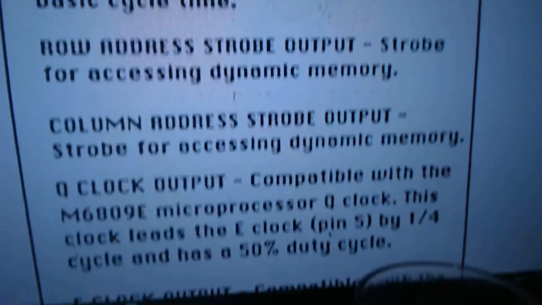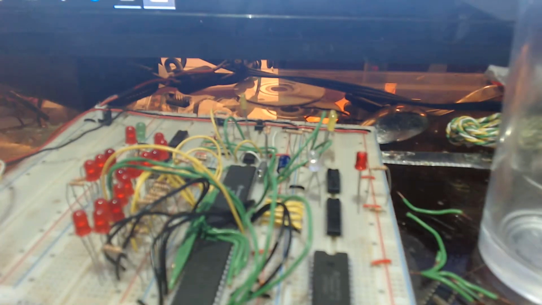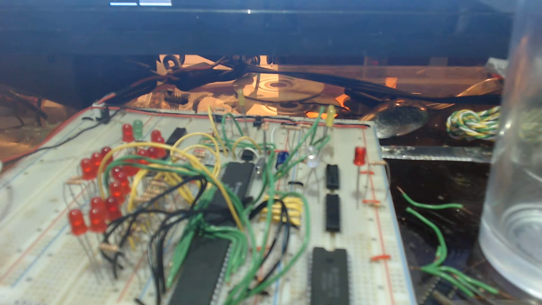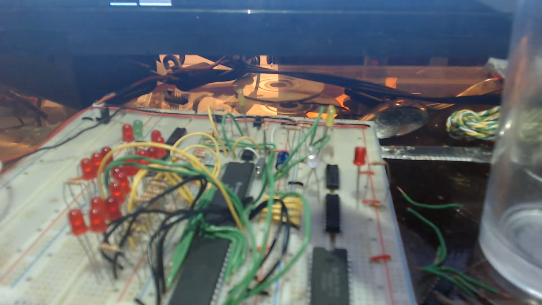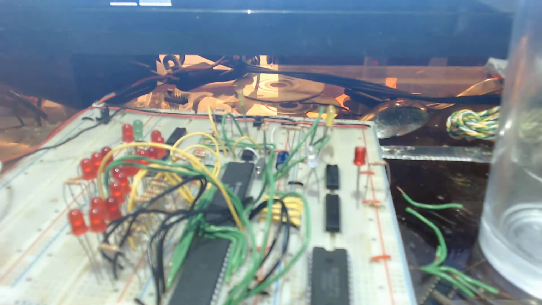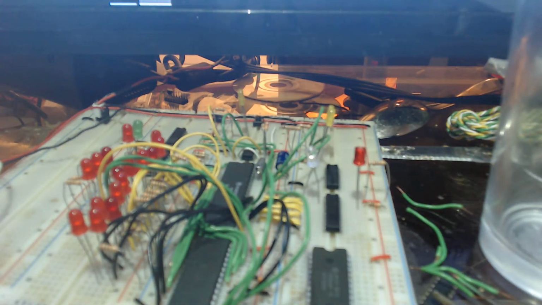And the chip that I'm most likely going to be using, I don't like the number at all, but it's the MC6665. Basically it's a dynamic RAM that's compatible with this chip right here and should be compatible with that sound chip, as well as the video chip that's also compatible with this one, which is called, hold on, I think it's 6837, no, 6847.